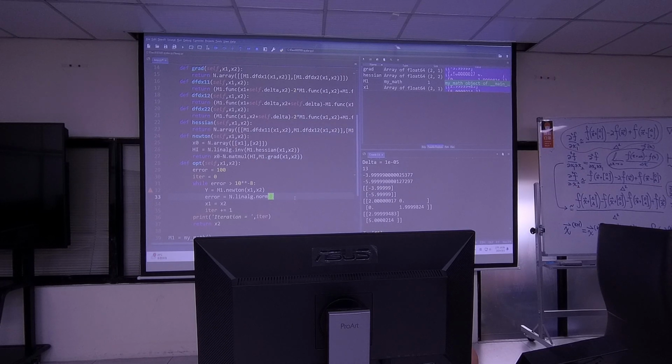So now I need y. Can I do this? Let me try. y minus the linear array here. Okay, I'm not sure if this is working. Once I have this, I will replace. Let me see how I call this gradient.